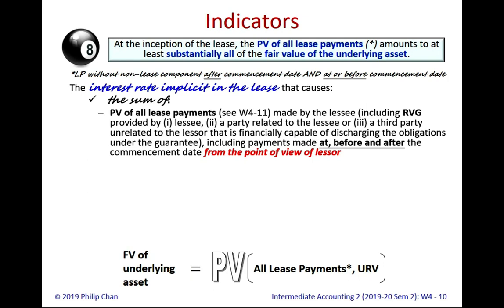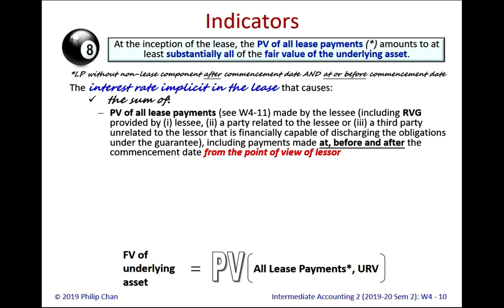From the point of view of the lessor, stop, be careful. I put that in highlight, bold and in red as well. It means that for the calculation to determine the interest rate implicit in the lease, this RVG should be per contract, rather than on an expect-to-pay basis. Expect-to-pay basis will be used by the lessee to work out the lease liability.